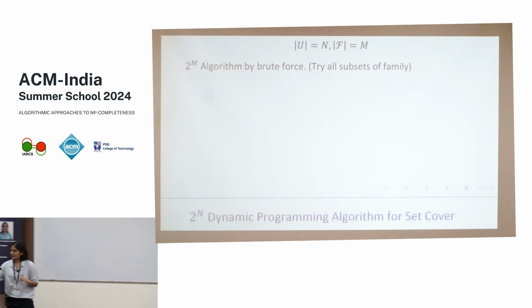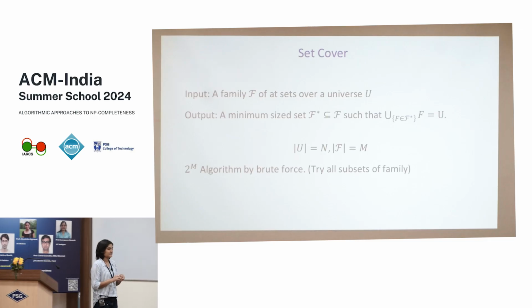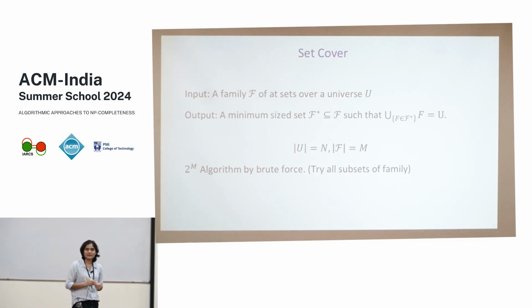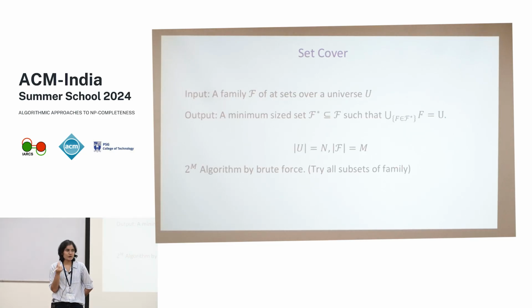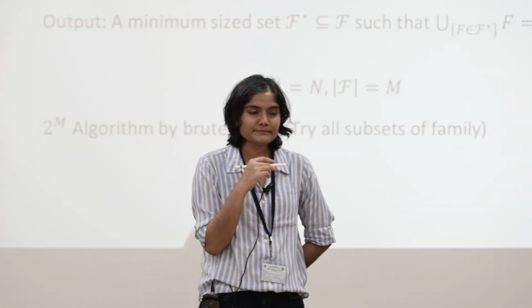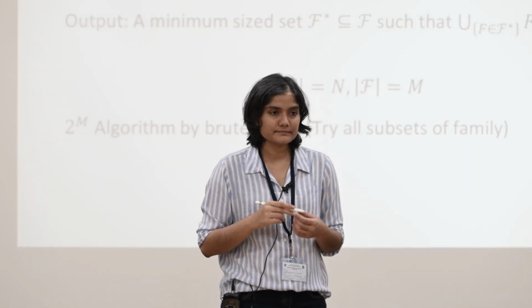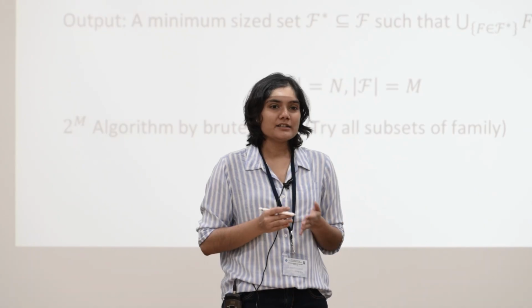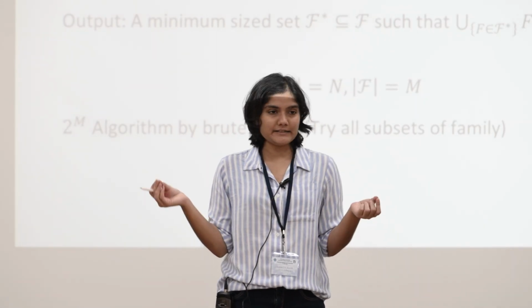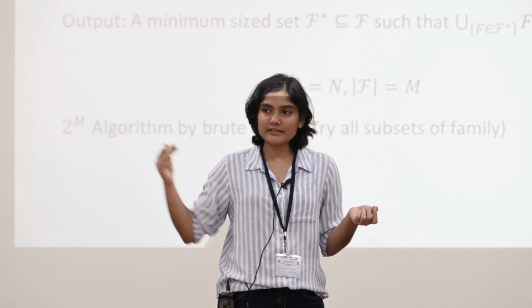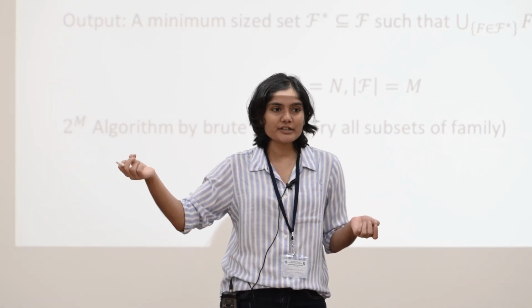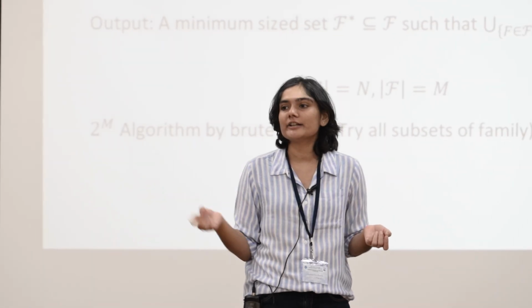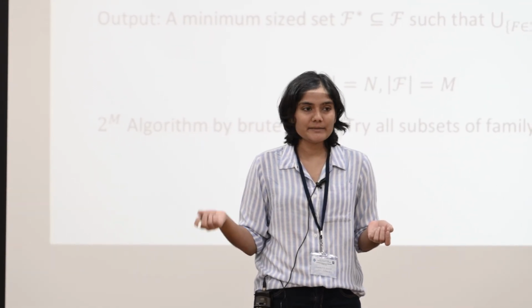So let's go back to the problem definition. Does anybody remember a 2 power n algorithm for set cover? There was a very small idea there. Exactly right. We order the sets in the family, and then we start from the end and ask, do I take this set in my solution, or do I not take it?